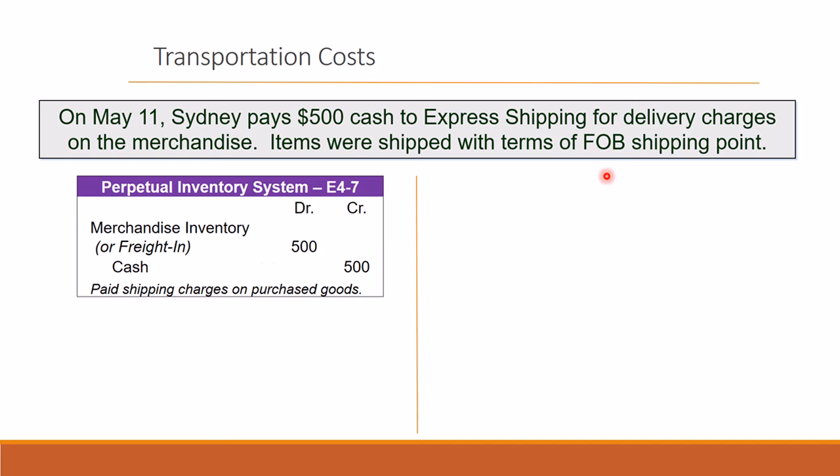In a perpetual inventory system, we're going to include a debit to merchandise inventory for $500 and a credit to cash for $500. Keep in mind, this is not an account payable, we're actually paying this off. You'll see this in italics. The way our book works, and what you'd be expected to do for the problem sets, exam, and extra credit, is debit merchandise inventory.